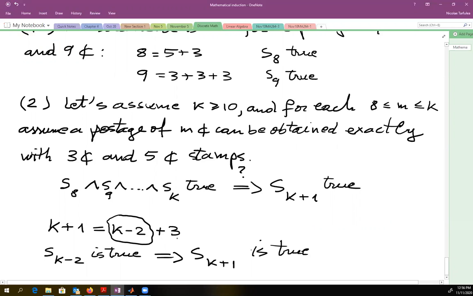Then you just add this new stamp of 3 cents value, and you obtain that K plus 1 cents is covered by stamps of 5 cents and 3 cents value. Does it make sense?